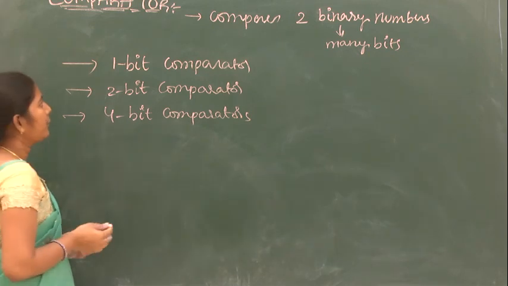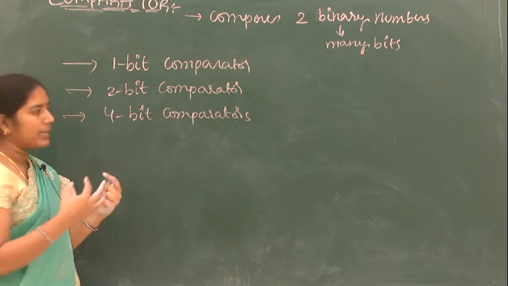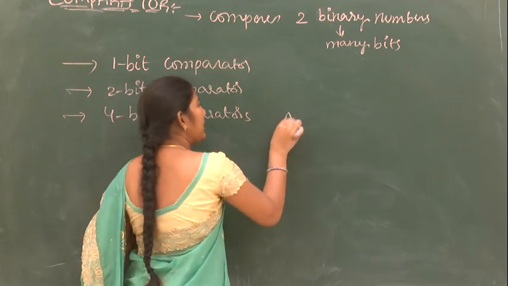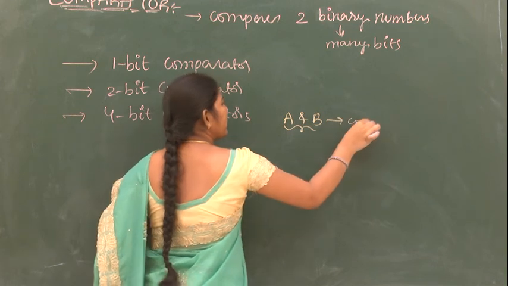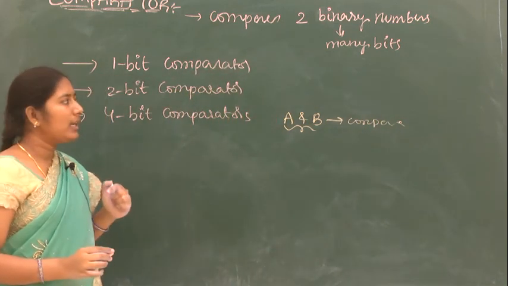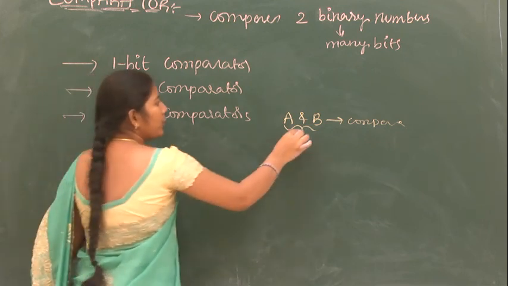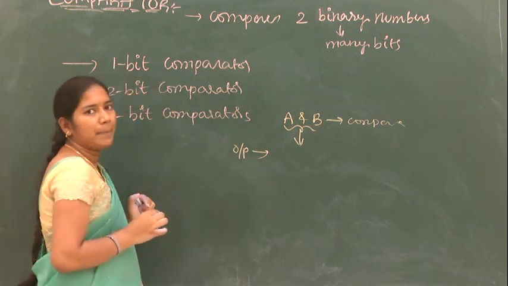Okay, fine. Now we know the inputs for this. Here we are giving two numbers. Let's take A and B. Then we will compare them with the comparator. Then what are the expected outputs for these two numbers after comparison?